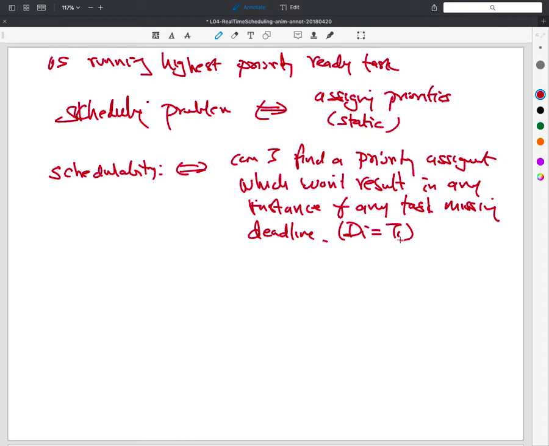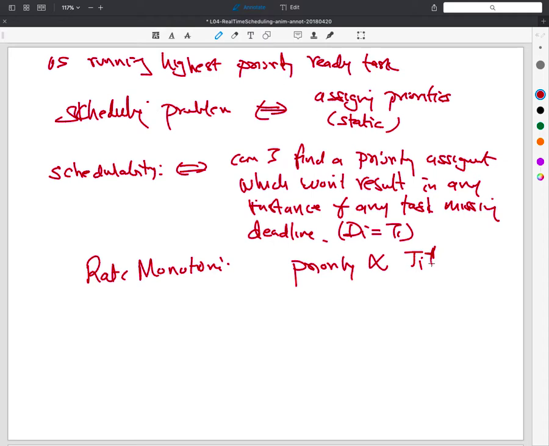Either I could schedule it and not the other way around, or I would have a more flexible schedule. So that led to the concept of rate monotonic, which is basically saying priority proportional to Ti inverse, right? So the rate.